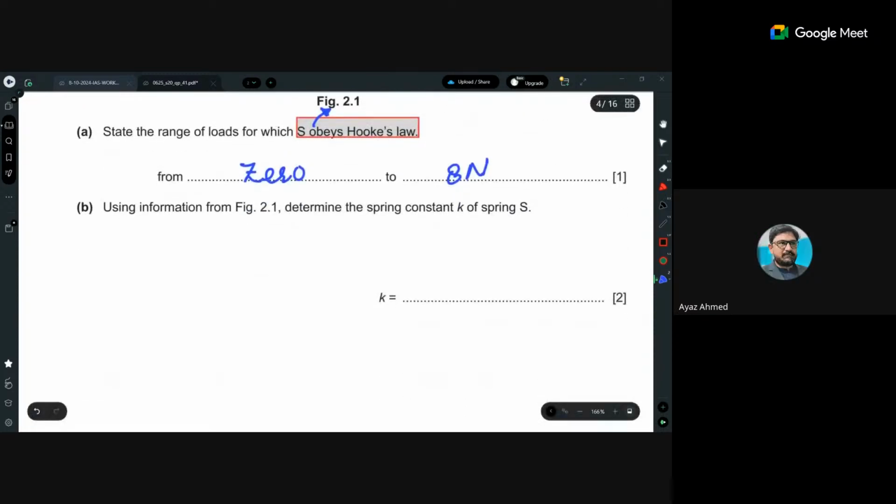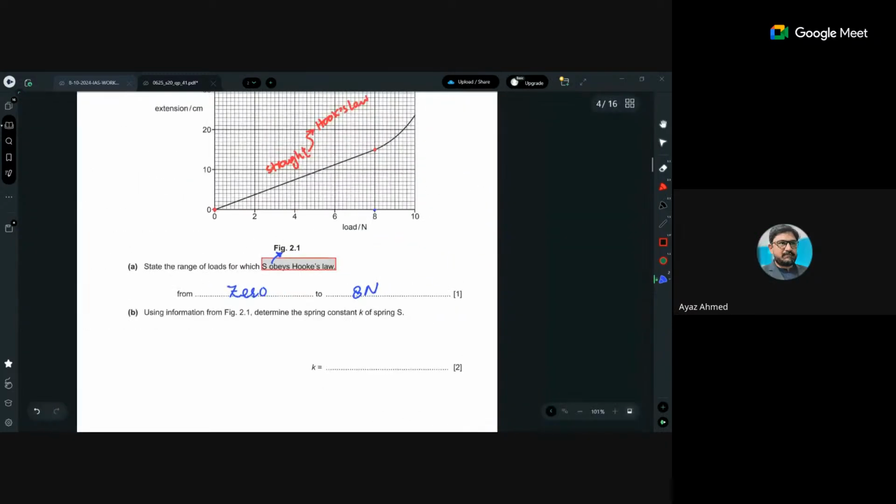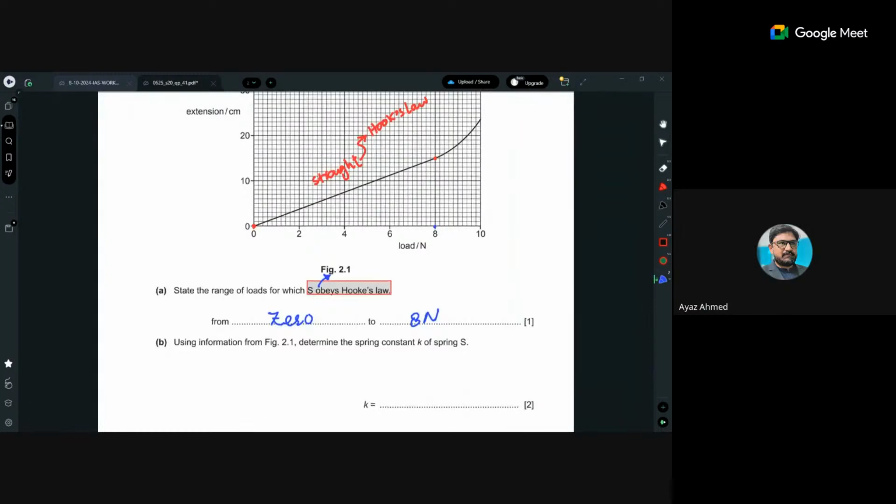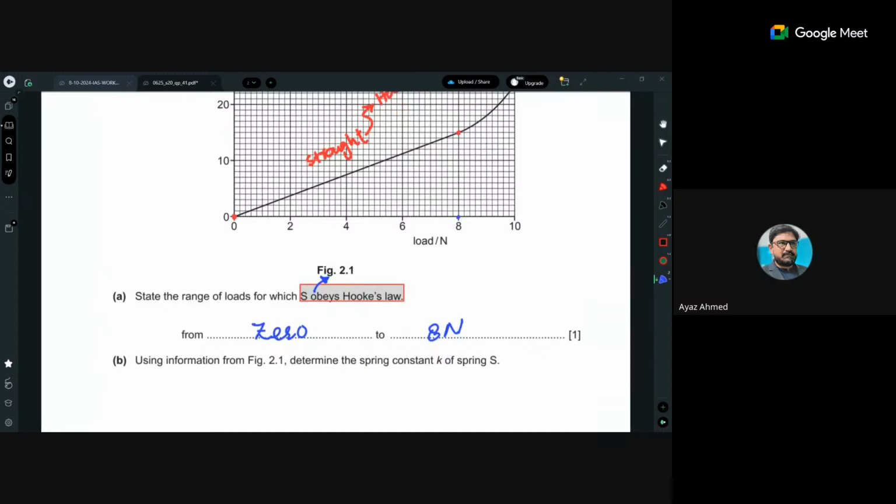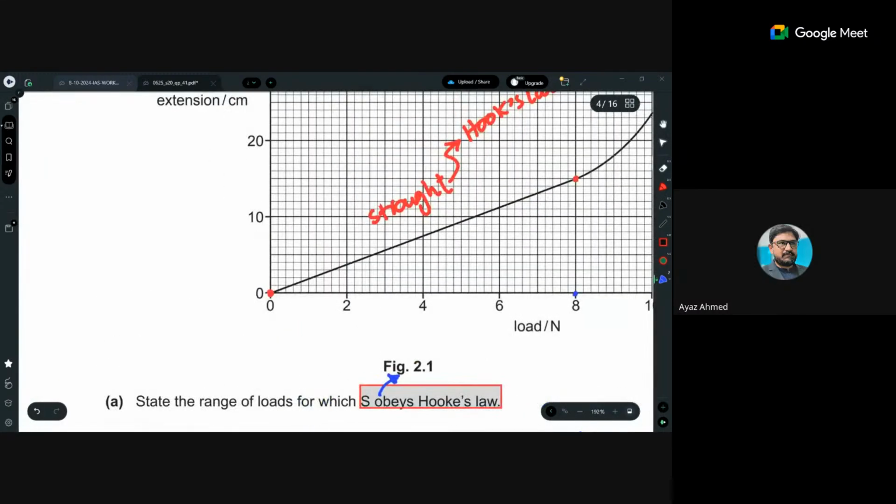The next is: use this information to determine the spring constant. Very interesting question. I have told you that if you have this load and extension graph, you can find the gradient.